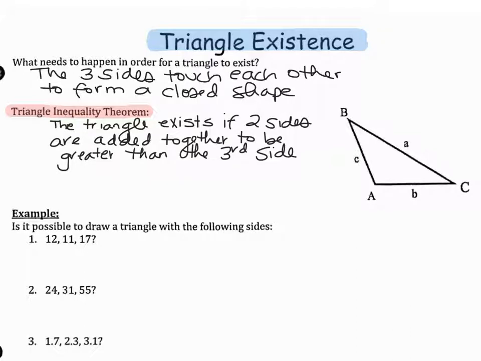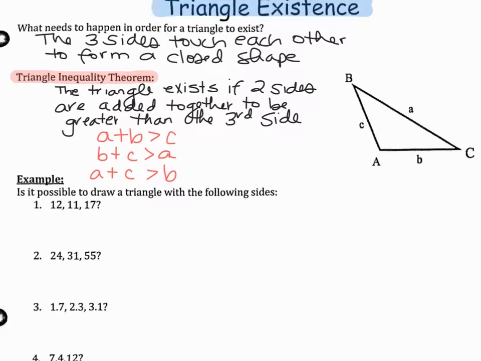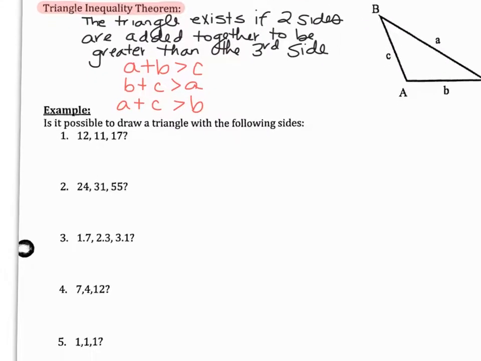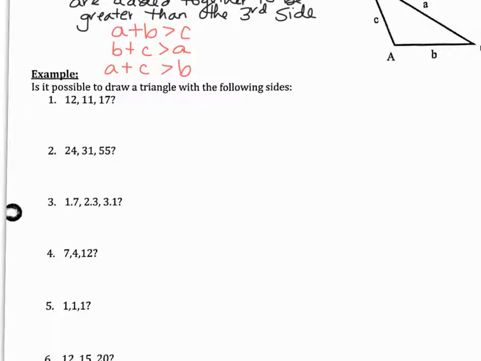A plus B has to be greater than C. B plus C has to be greater than A. And A plus C has to be greater than B. All 3 possibilities have to happen in order for me to say yes, a triangle exists. If at any one of these I say no, the sum is not greater, then the triangle automatically does not exist. So let's look at these following examples.